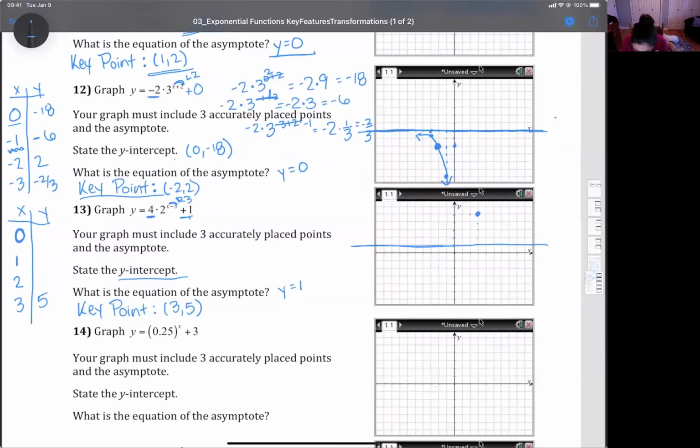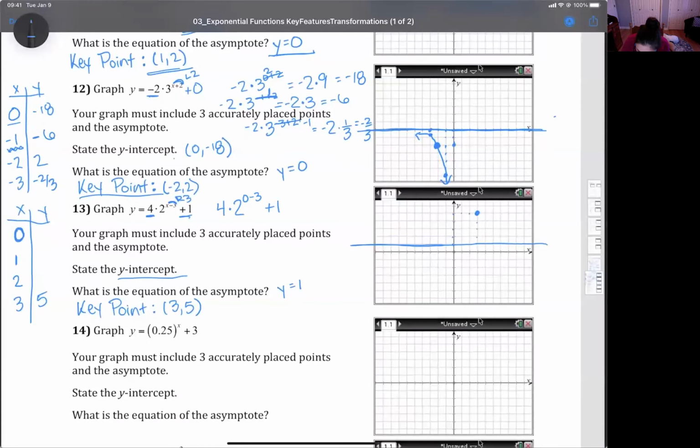So here I'm going to plug in 0 for x. So this would be 4 times 2 to the 0 minus 3 plus 1. So I'm going to follow order of operations here, step by step. By simplifying the exponent, that's -3. 2 to the -3rd would be 1 over 2 cubed. So what I have here is 4 times 1 over 2 cubed, which is 8, and then plus 1.